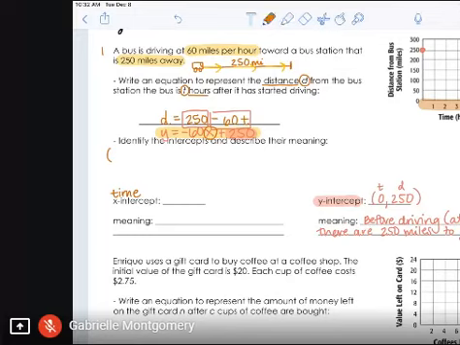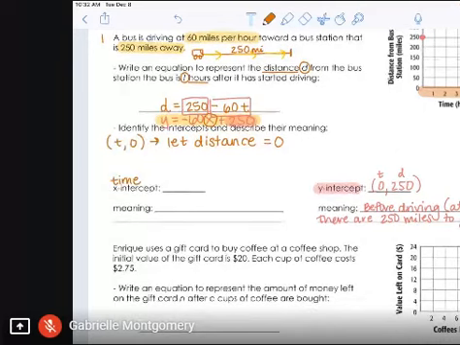I'm trying to solve for t, so I'm going to let y equal 0, or my distance equals 0. I'll write that in words. I'm going to let distance equal 0, because I'm trying to find when my distance is 0, meaning when I have arrived, how long is that going to take?